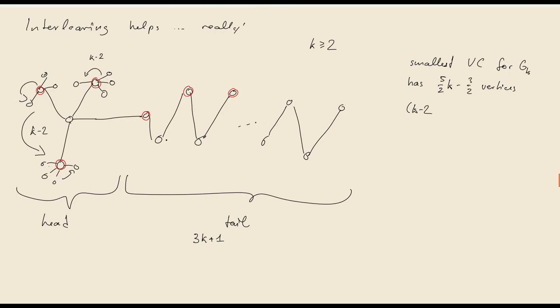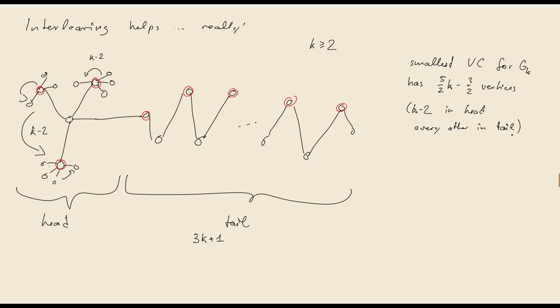Now it's not even clear if it's odd or even. Maybe this ends like this, I don't know. By counting properly, you find that this is the size of the vertex cover that you need.